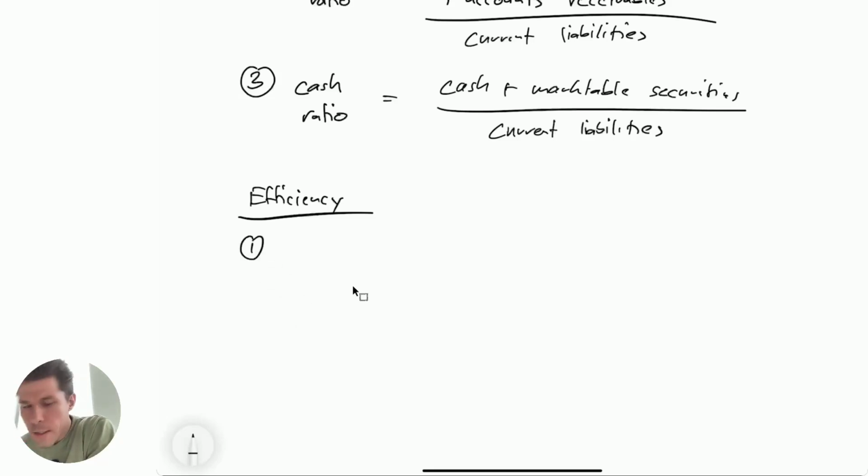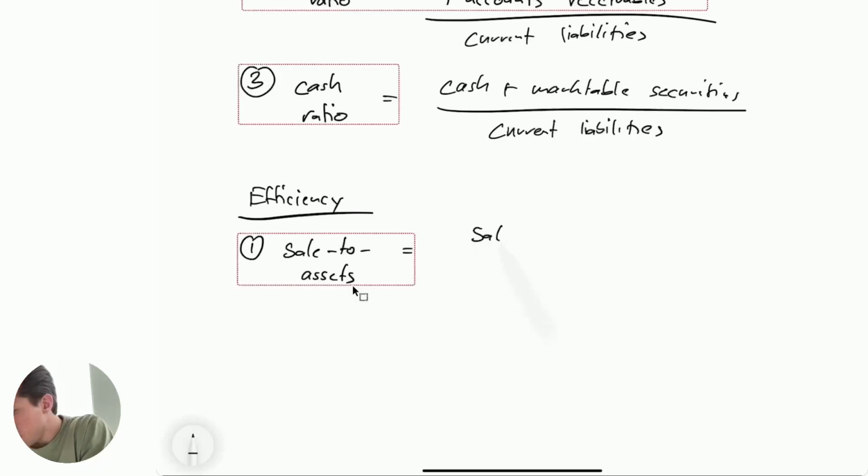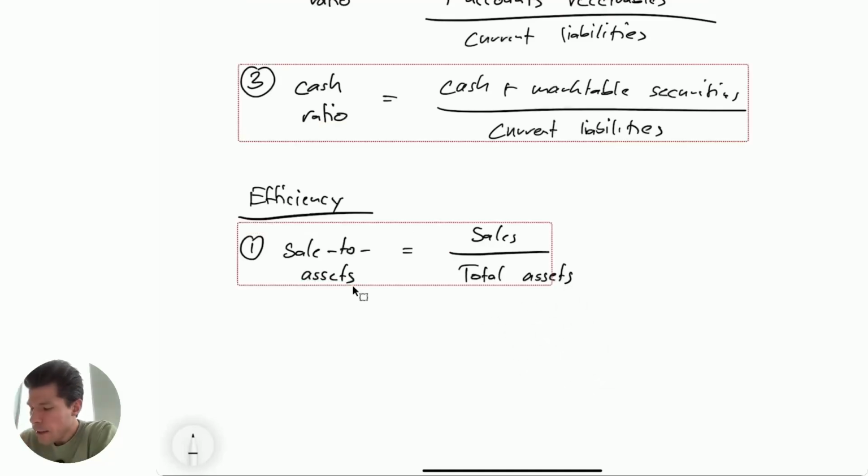There is one, sales to assets, sales over total assets. Yeah, the higher the number means the harder your assets work and the more revenue, sales or turnover you can generate from those assets.